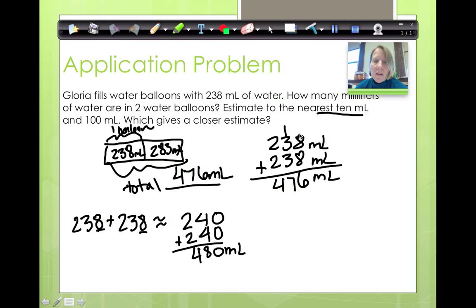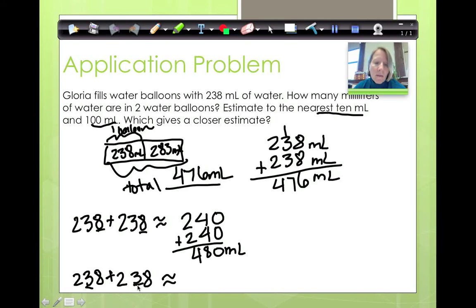Okay, now let's round it to the nearest 100 milliliters. Okay, now if I do 238 plus 238, then we know it's going to be approximate because we're estimating, or about. Round it to the nearest 100, we're going to look at the nearest tens. If it's below the halfway mark, we round down. If it's above, we round up.